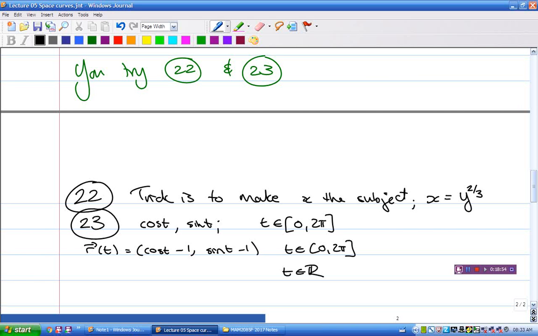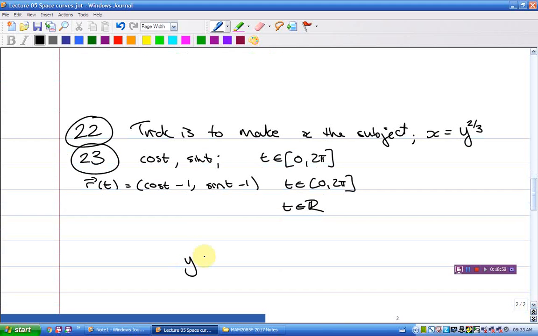If it was the other way, if you made y the subject, you end up with something that looks like this. Now there you're saying we're going to take x, cube it, and then square root it, which means x has to be positive because we're square rooting it. So that expression insists on positive x's, which is fine.